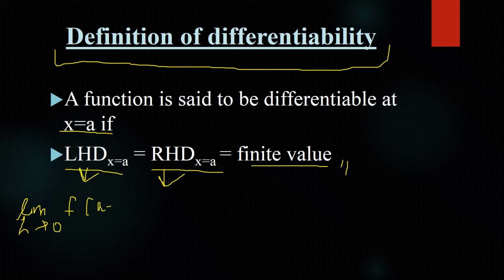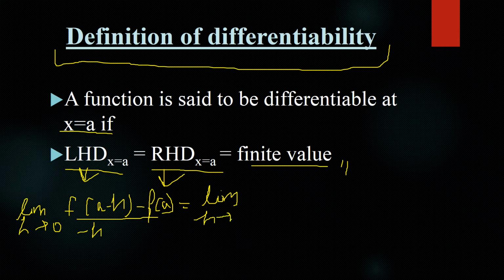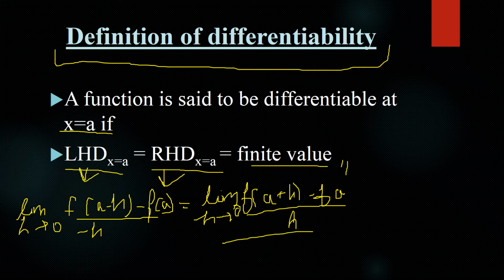Limit h tends to 0 of f a minus h minus f a upon minus h is the left hand derivative, which is equal to the right hand derivative, that is, limit h tends to 0 of f a plus h minus f a upon h.